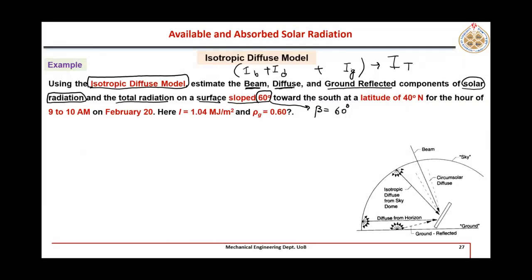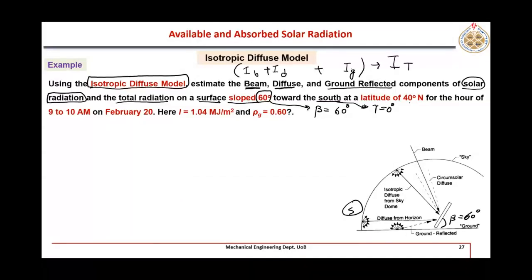This is sloped towards the south. This beta is given as 60 degree. Facing south means the surface azimuth angle is 0.